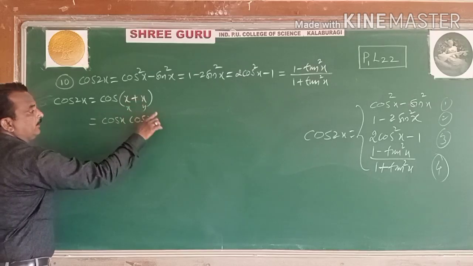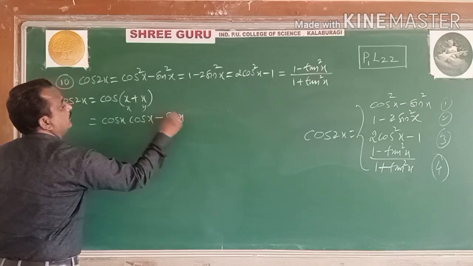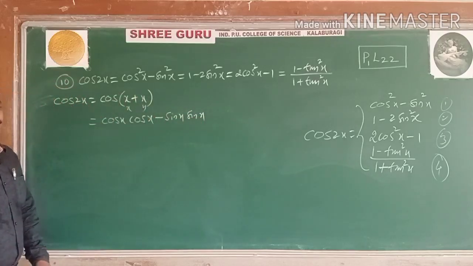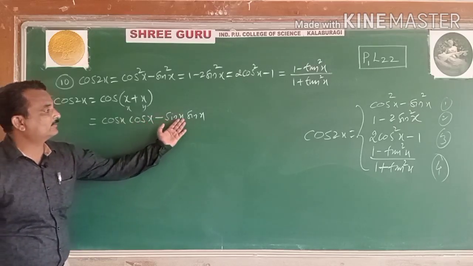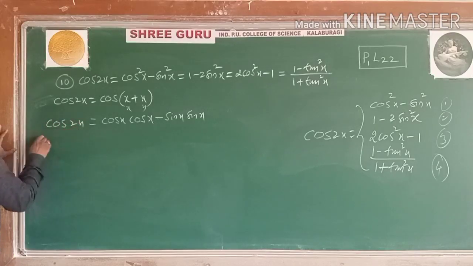Minus. When plus, minus; when minus, plus, remember. Sin x into sin y, because y is x. Clear, students? Cos x cos x minus sin x sin x. This is cos of 2x.